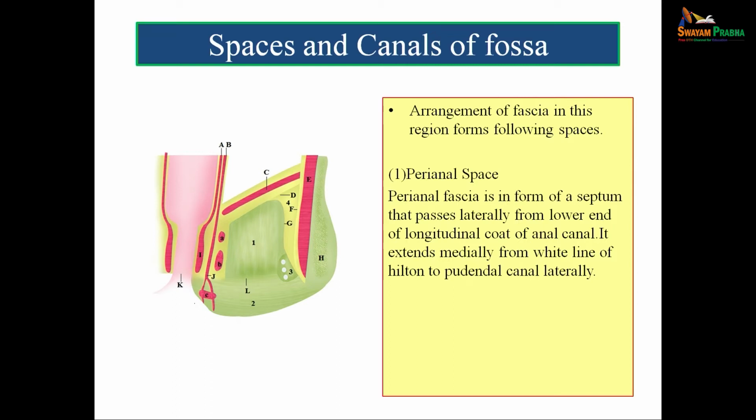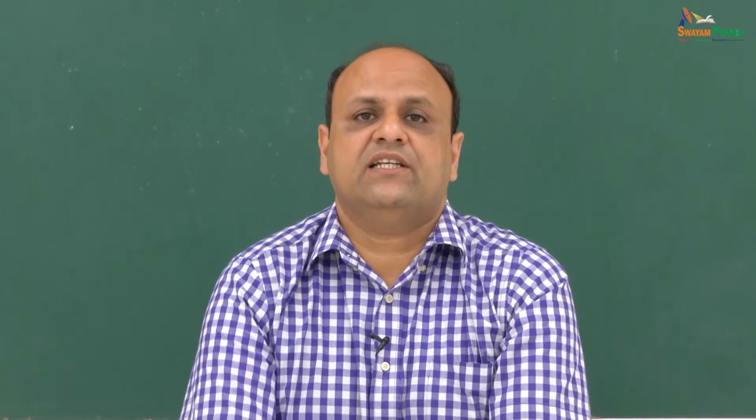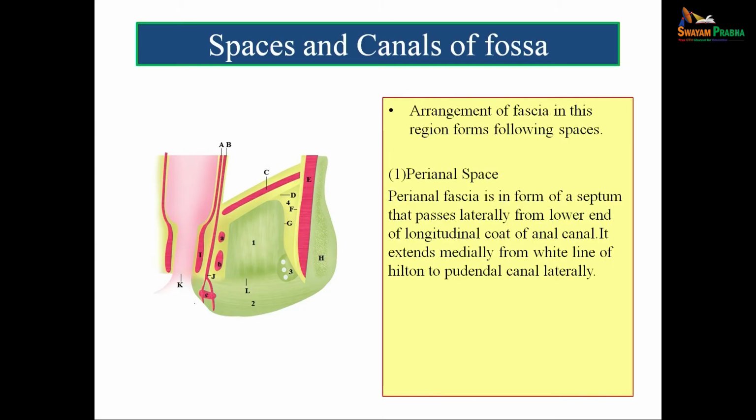For that, I will take your attention to this section of the ischiorectal fossa once again. In relation to the rectum, there are two markings, A and B. A is the inner coat, B is the outer coat. The inner coat is the circular coat, the outer coat is the longitudinal coat. That longitudinal coat comes down and the perianal fascia passes laterally from its lower end.